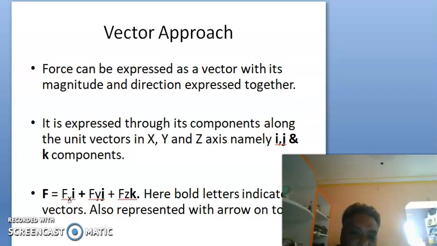Here the bold letters are used to indicate that they are vectors. There is also another approach where we usually mark an arrow on top of the value. Here I thought it is convenient to represent them with bold letters rather than arrows.